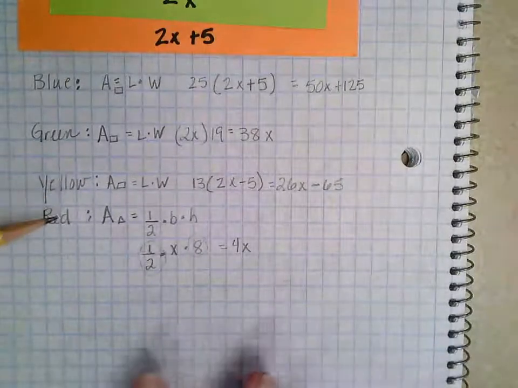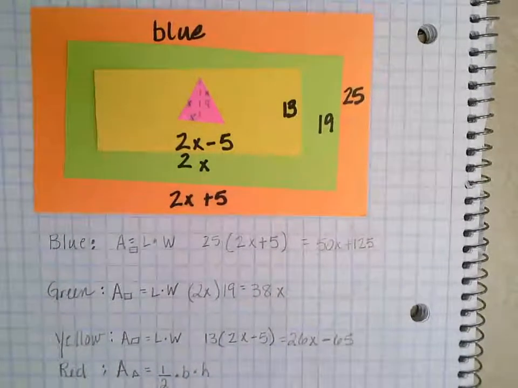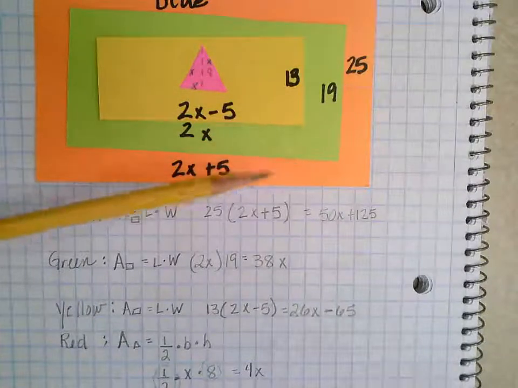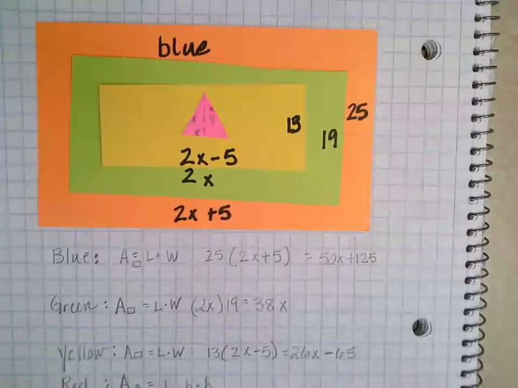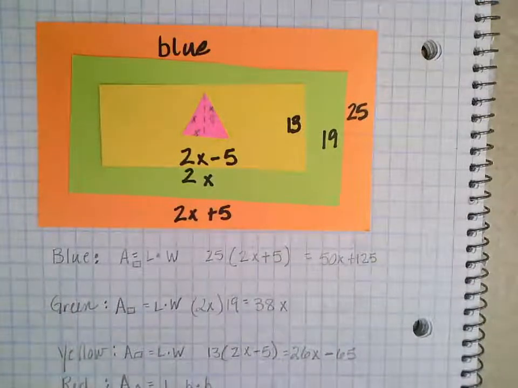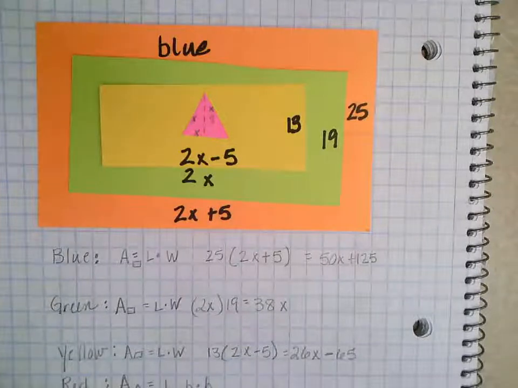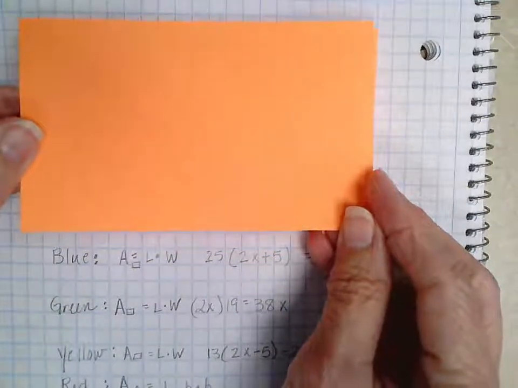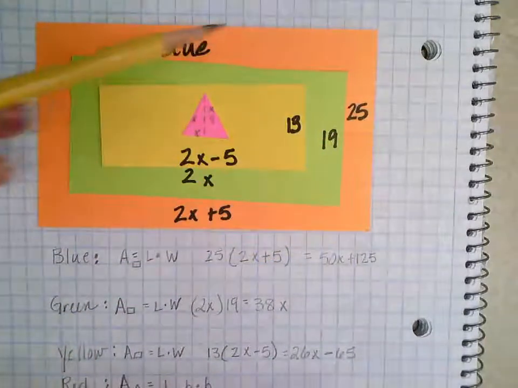So these are my areas if I was considering all the space underneath each of these. What I mean by that is with my note card that is orange that represents the blue, the area that I have written down right now would be incorporating all of this, when really I want to just talk about this area that I can see.